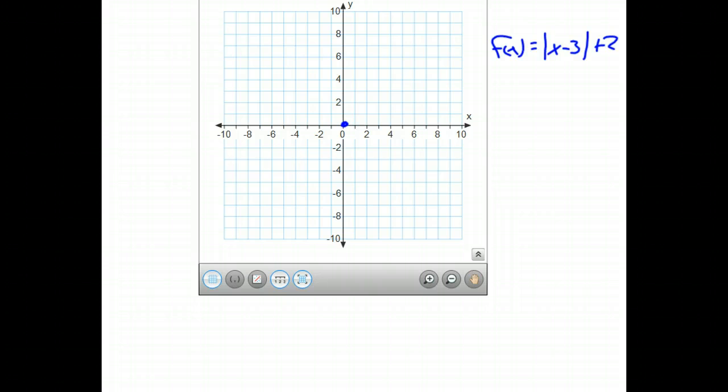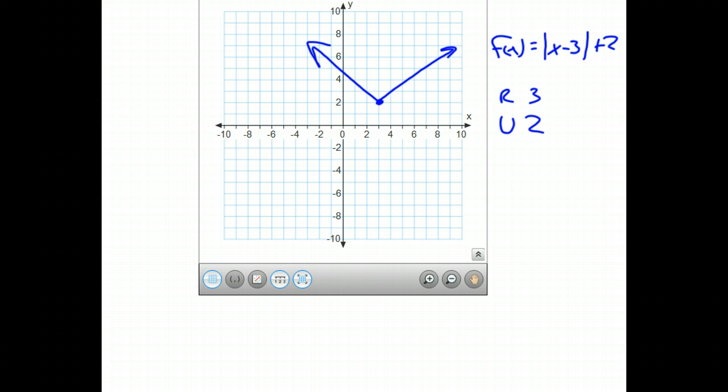So we're going to move this point 1, 2, 3 to the right, and 1, 2, up 2. The shape of the graph never changes. So we're just going to sketch the final result, and there we have it. How much faster is that than plotting out a table and listing out all the points? Much quicker, much more efficient.